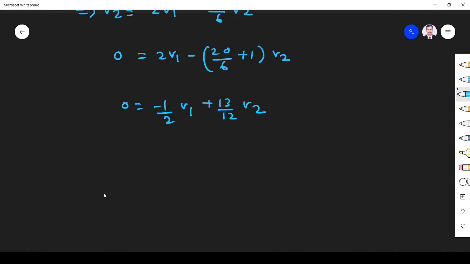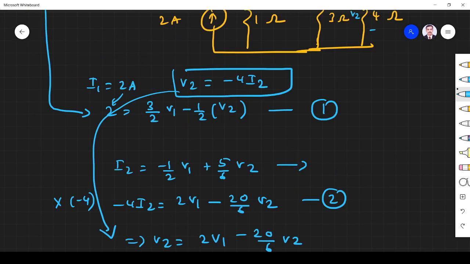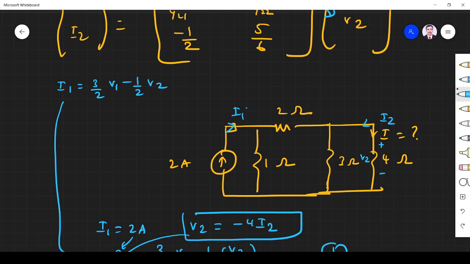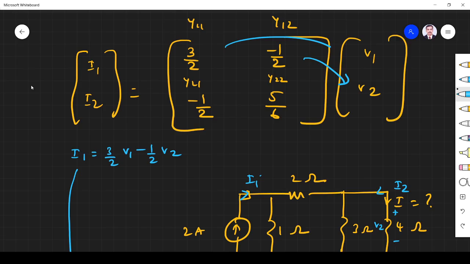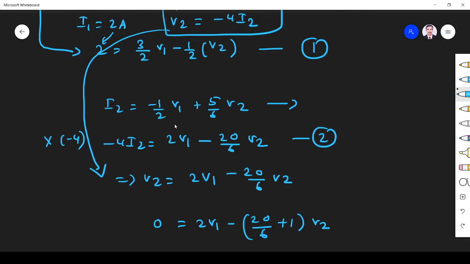Now we have a matrix. This is one equation, and above we have another equation.